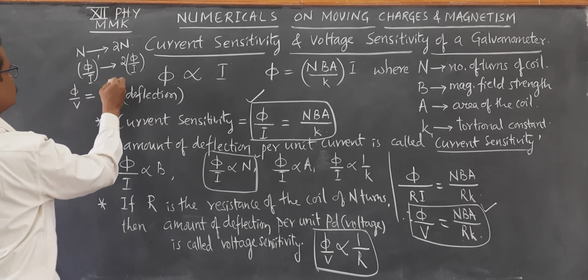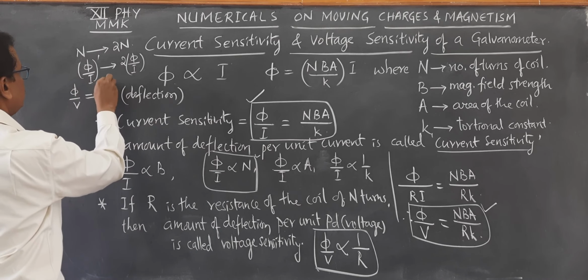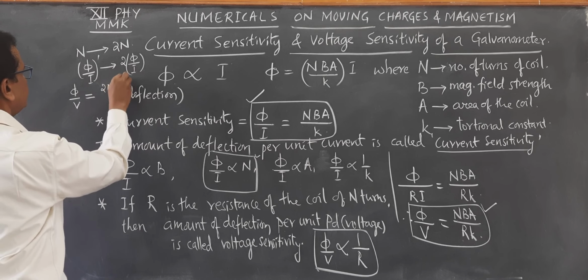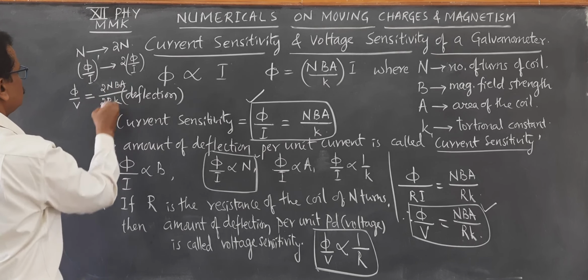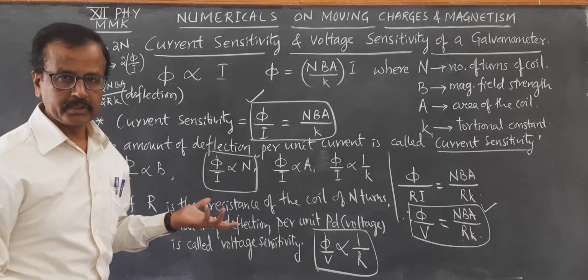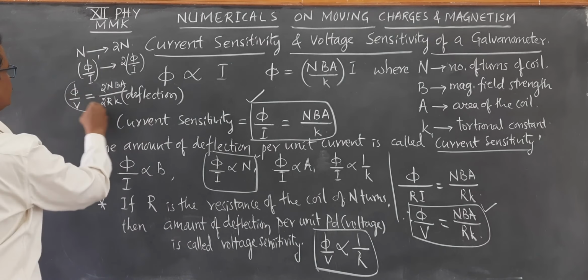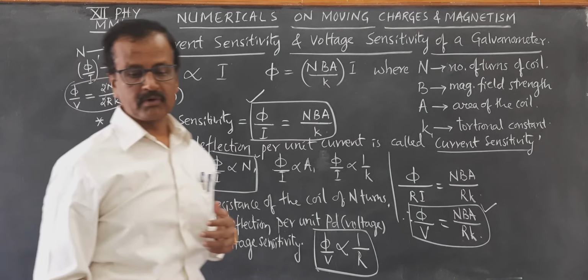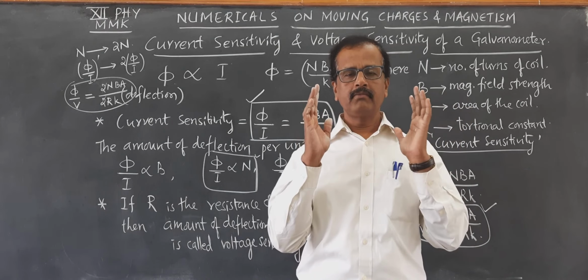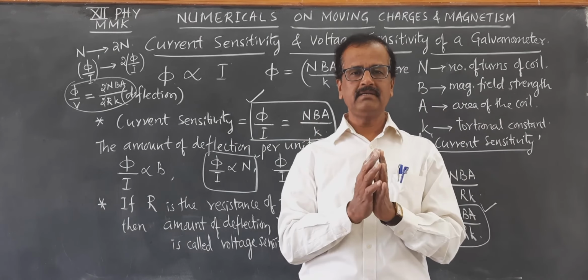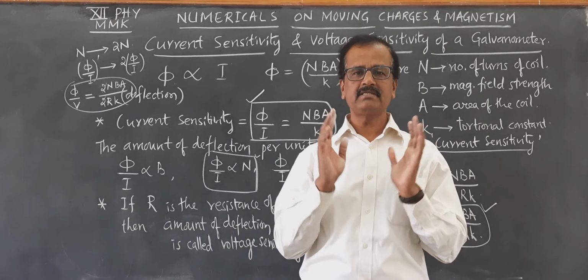Phi by V, you see, is 2N times BA upon 2RK. So 2 cancels. So voltage sensitivity is unaffected. This is the important thing to be remembered. So by increasing the number of turns, only current sensitivity increases, but voltage sensitivity remains unaffected.